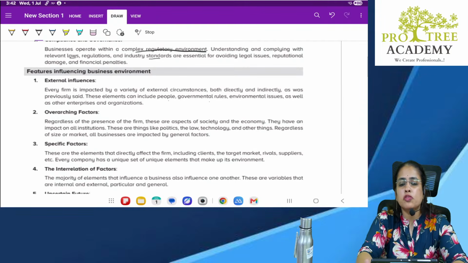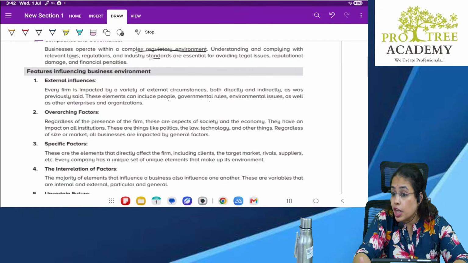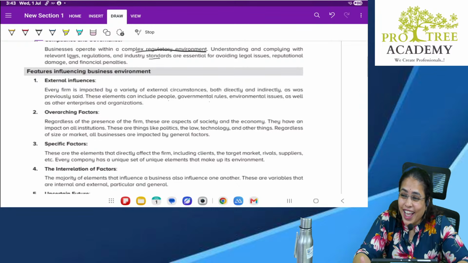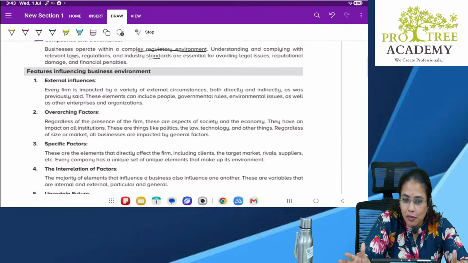Like if the atmosphere is very hot, then what will be in demand? Ice creams, cool drinks, all these things. If it is very cold, what will be in demand? Tea, coffee, Maggi. So directly and indirectly it will depend upon the external factors.